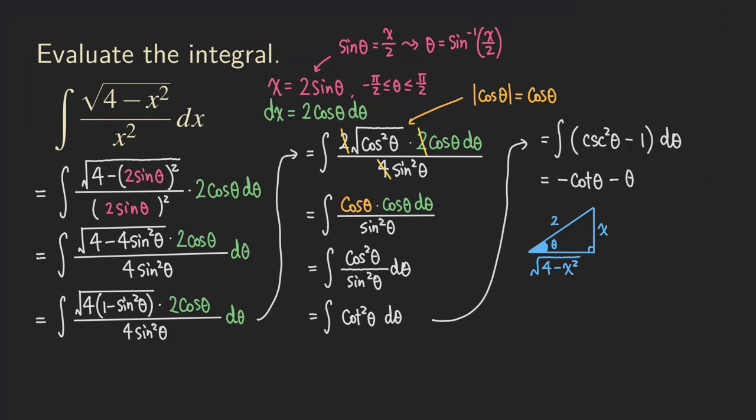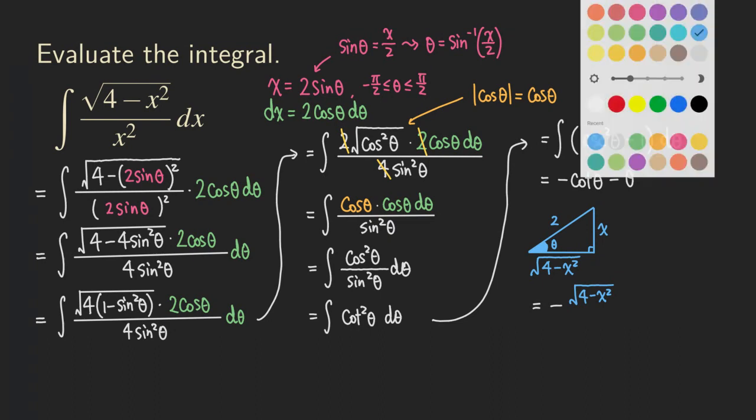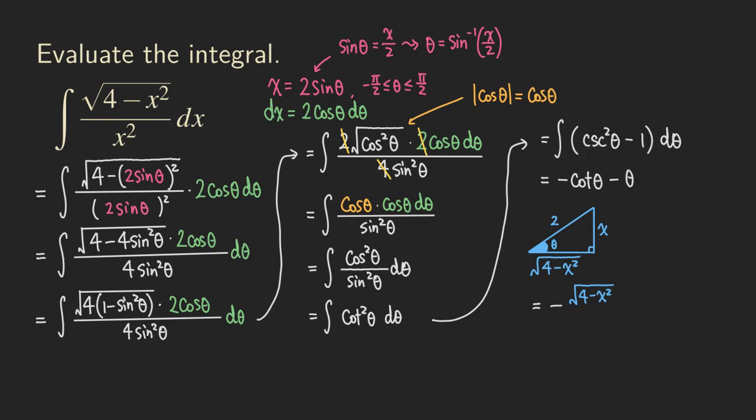So now continuing with our problem, our answer would be what? For the negative sign here, we just copy that negative sign. And then we have the cotangent. Cotangent would be adjacent over the opposite. So we are going to get square root of 4 minus x squared over the opposite, which is just x.